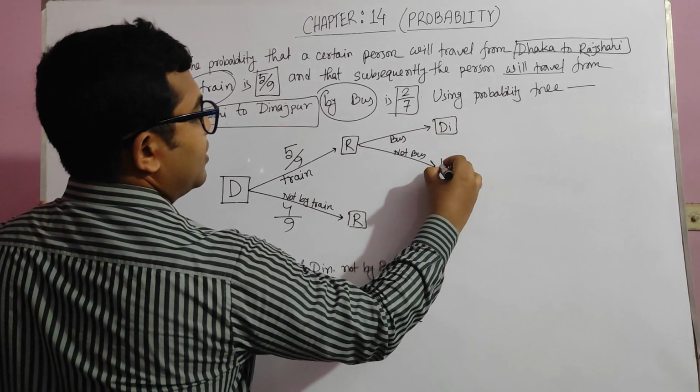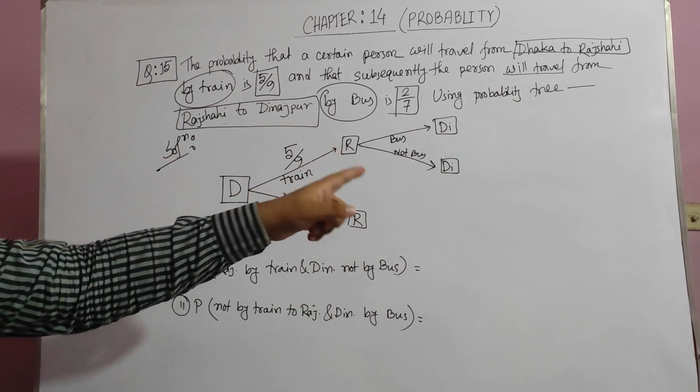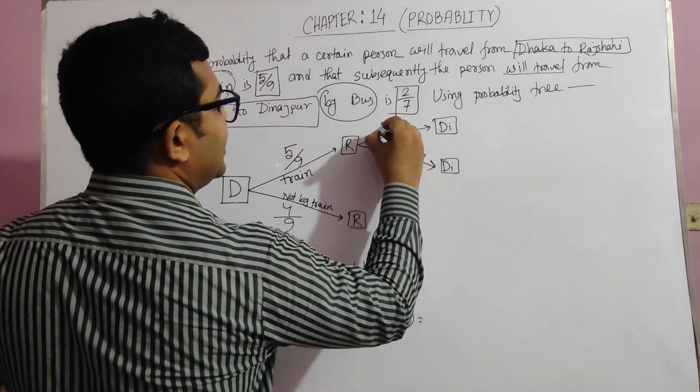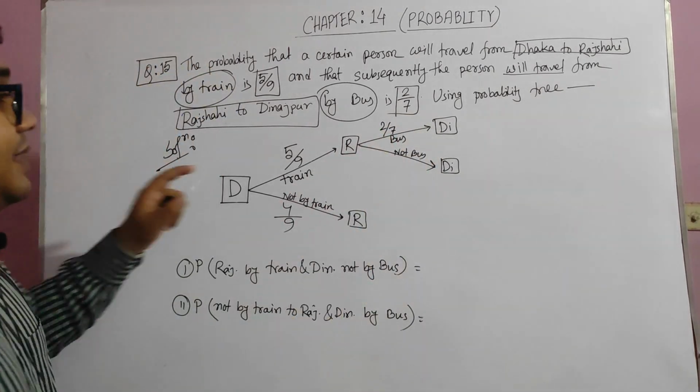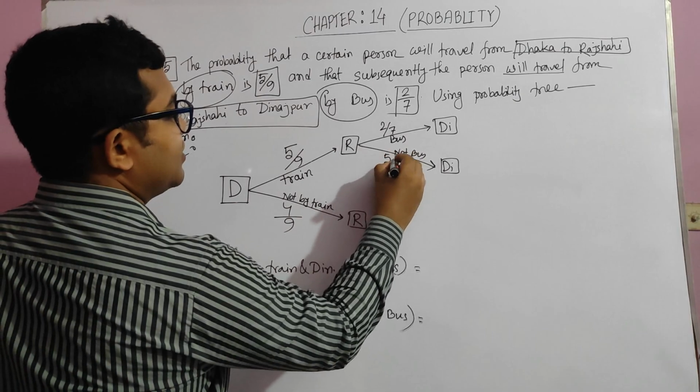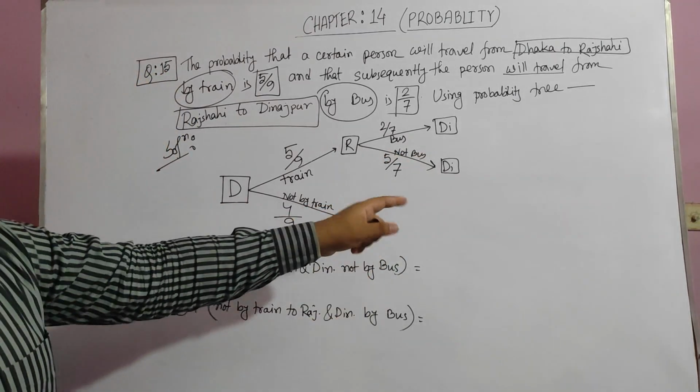Generally he travels among 7 times, 2 times by bus and the rest of the 5 times not by bus.